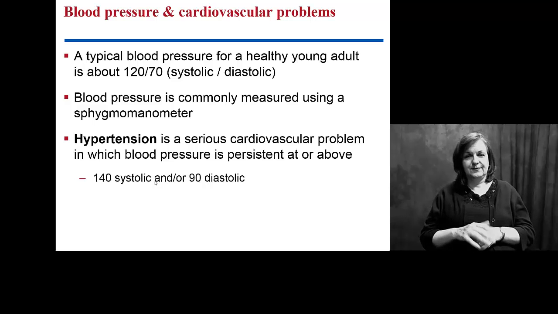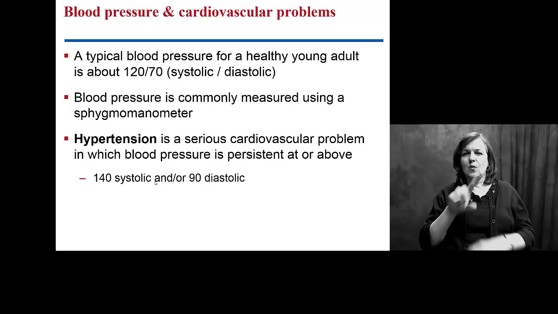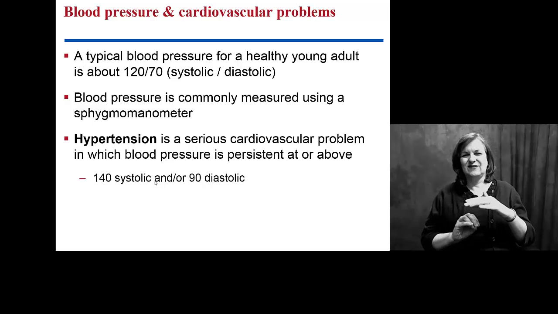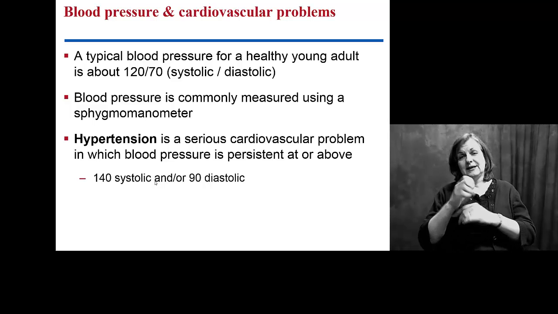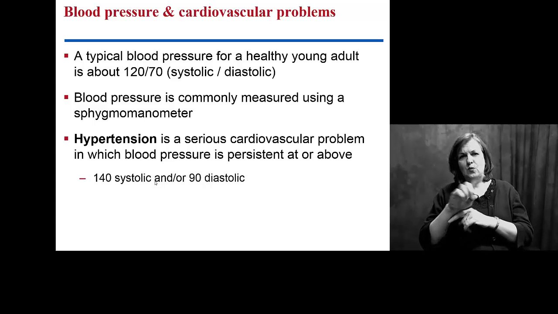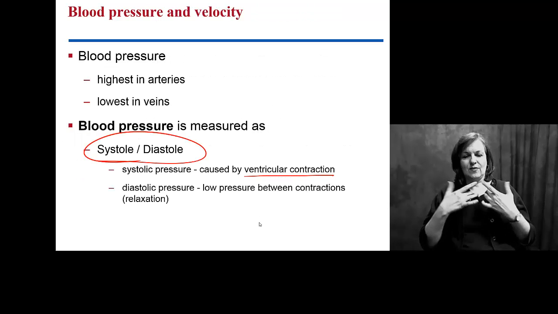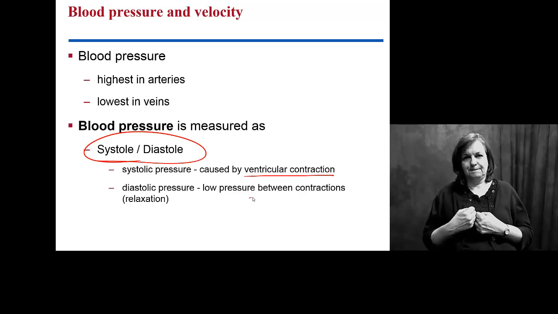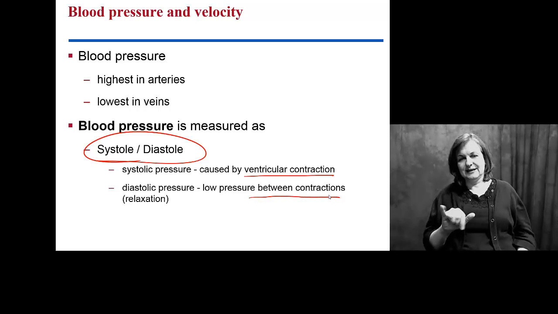Your typical healthy blood pressure is about 120/70, 120/60, something like that. And what that's measuring is systole over diastole, as we said. So systole, 120. So systole, we said, is ventricular contractions. Diastole is the pressure that's there between contractions, so as the valves close.